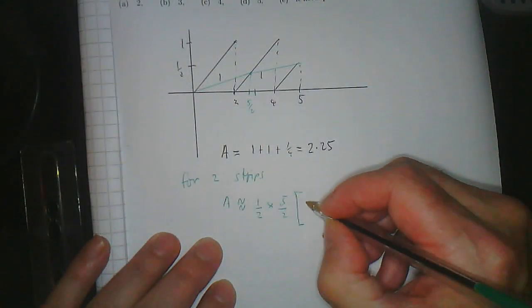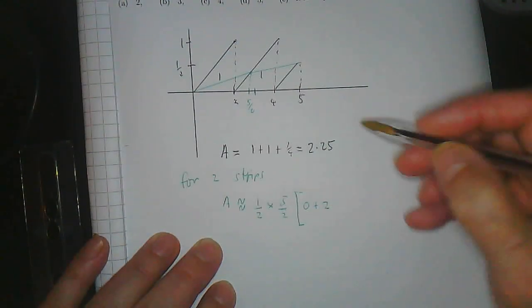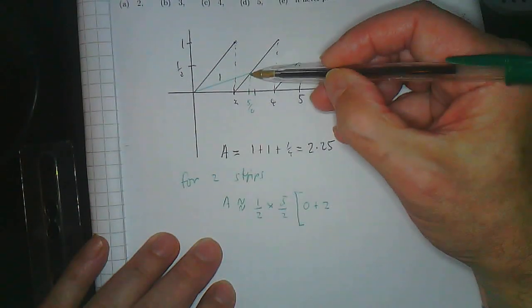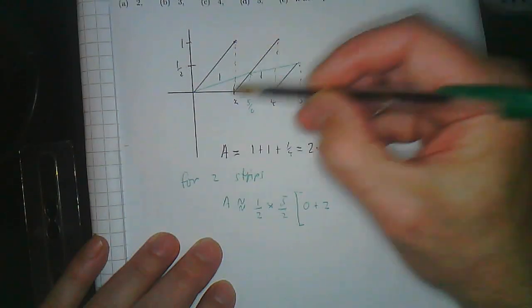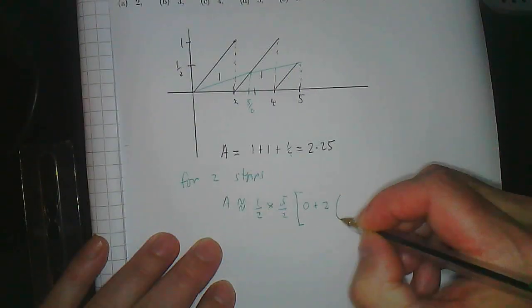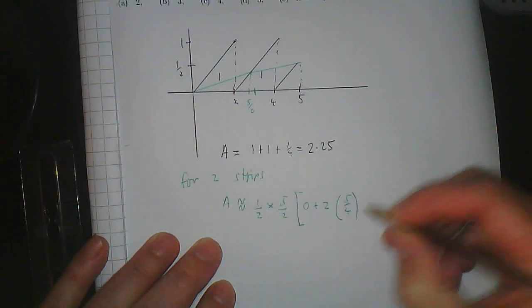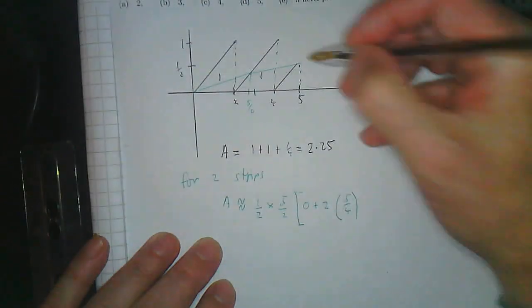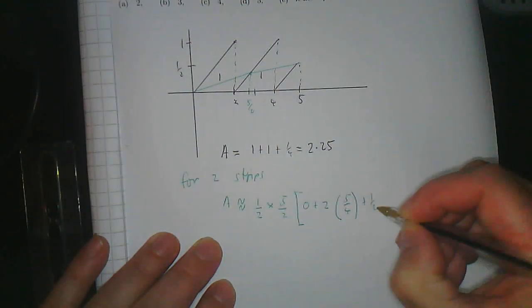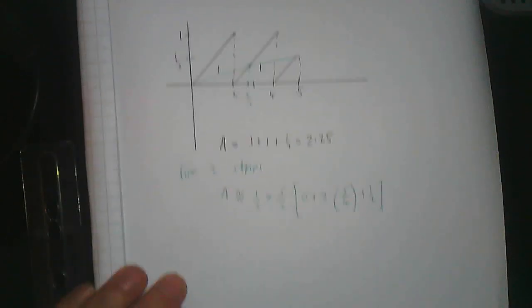And then the first strip is 0, plus 2 lots of the middle strip. Well, this is 5 over 2, and we're halving it, because that's the function. So it's halving 5 over 2, so it becomes 5 over 4. And then the end one is at a half, plus a half. So the 2 ends plus twice the one in the middle.